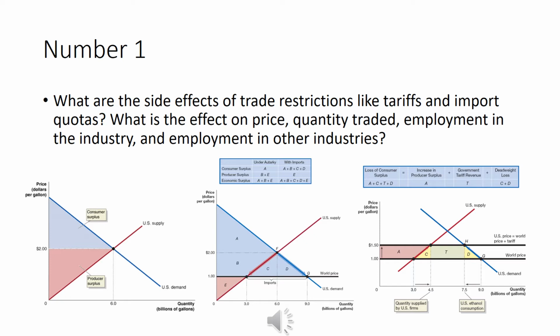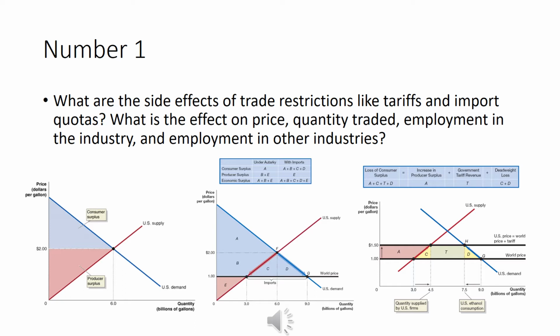Now when we label these different areas, A, B, C, D, and E, Area B used to be producer surplus. Now that's going to be consumer surplus because consumers are getting this good at a much lower price. And now because we have trade going on where that world price crosses the demand curve below the equilibrium price, the triangles C and D, which in the past were nothing, are now going to be consumer surplus as well.